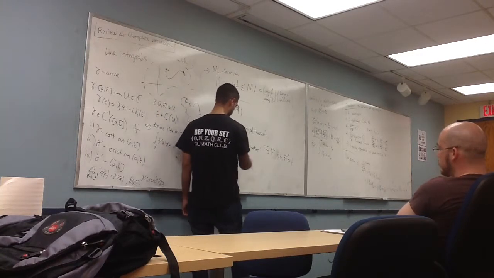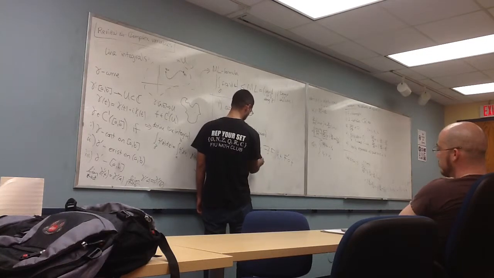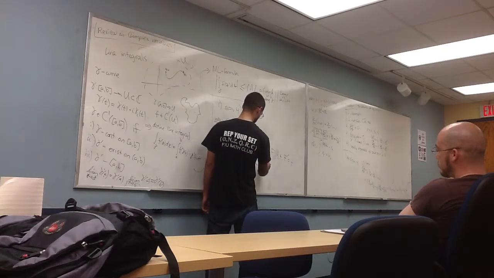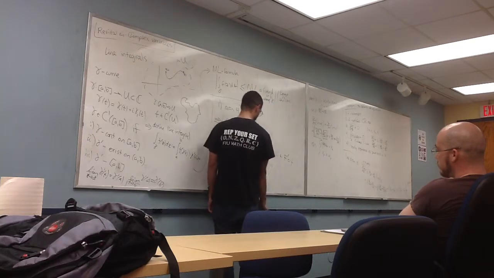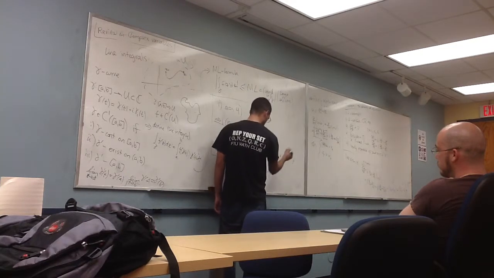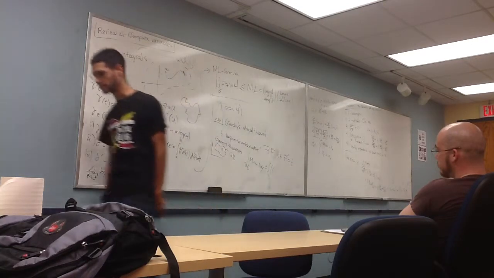And Green's theorem says that the integral around the boundary of the domain of some expression like M dx plus N dy can be related to the double integral around the domain of some special partials, which I already forgot.